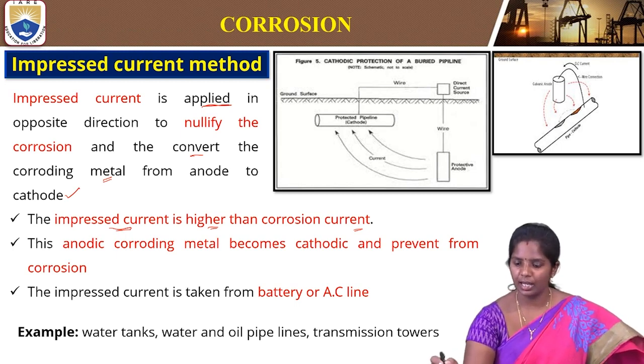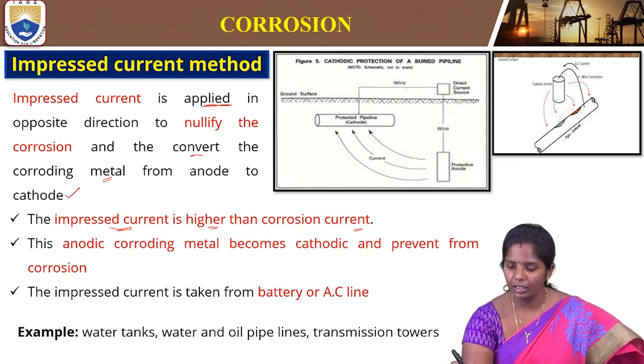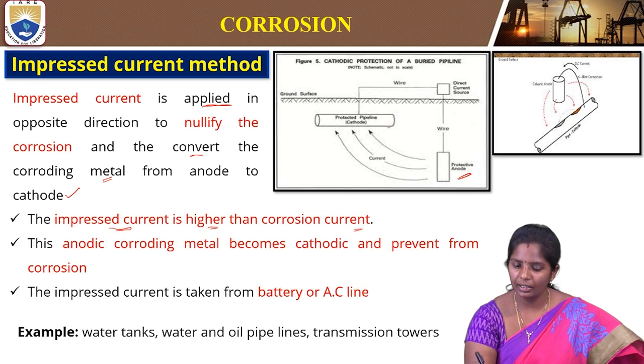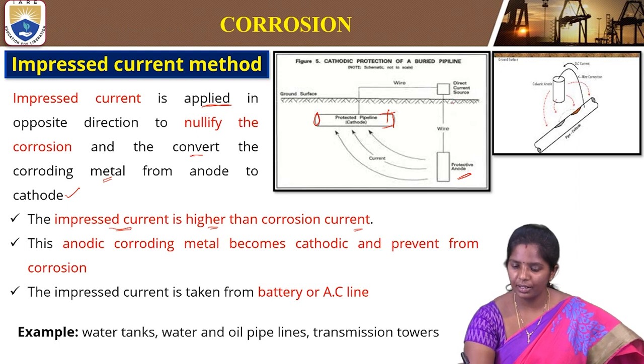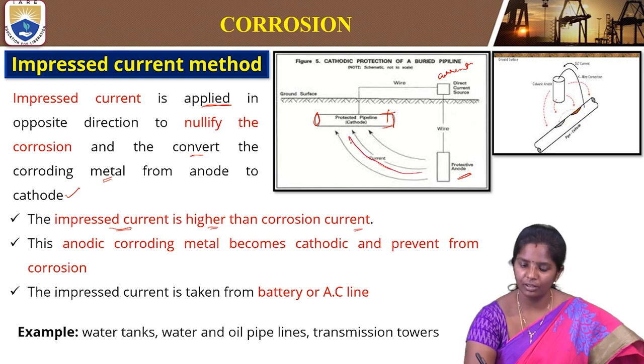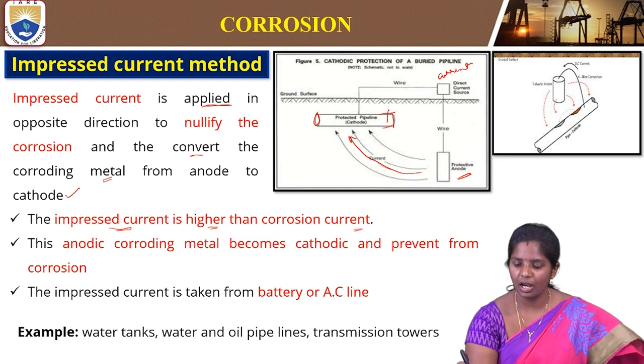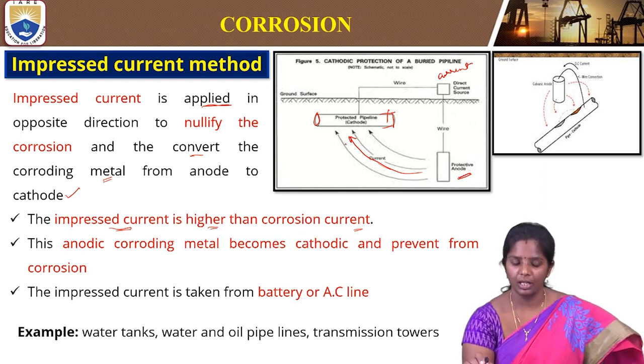If we see an example here, there is a protective anode placed here, and the pipeline that is to be protected is here. This is the current source. If we apply current, it flows like this, and the pipeline gets protected from corrosion.